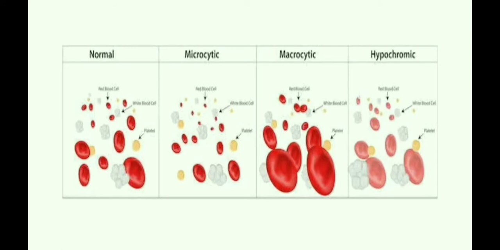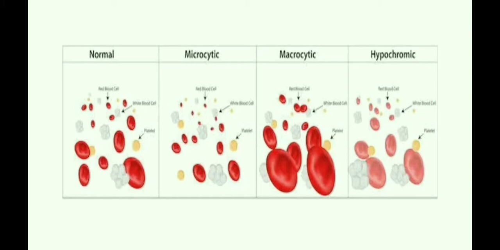So in this picture you can see normal RBC. The normal RBC has a central pallor of one third of its diameter. Now if the color is decreased, that means when the pallor is more than one third of the diameter, we call it hypochromic.